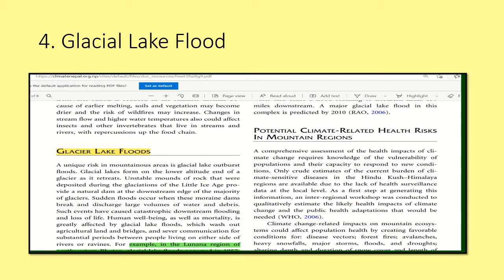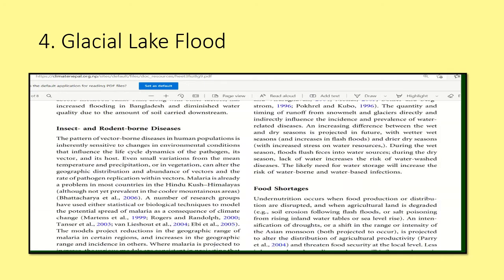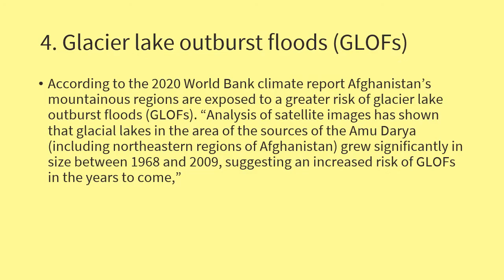So, glacial lake flood is an obvious consequence of the melting of mountain glaciers. The glacial melting has increased the propensity of glacial lake outburst floods, and now it has become very common.